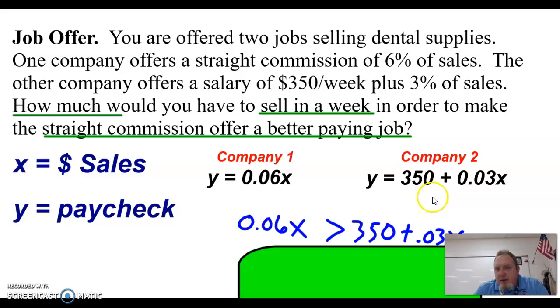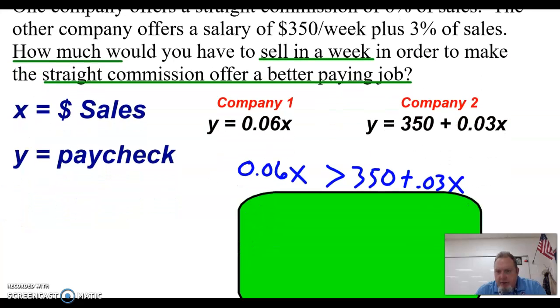The second company offers a $350 salary per week plus the 3% commission. And so you can see company 2 there is the payment for that one. And we want to know how much you have to make the straight commission job the better offer. So at what point will the straight commission be better than the weekly salary of $350 plus 3%?